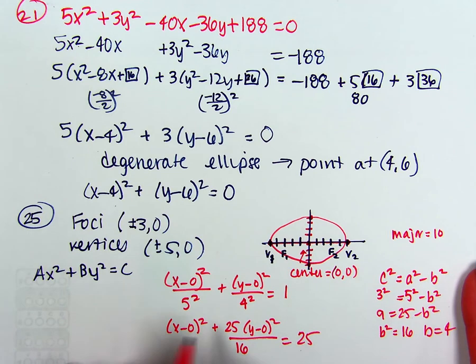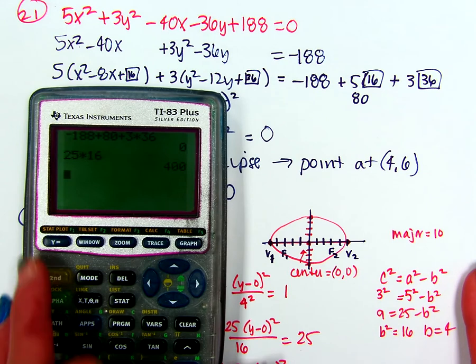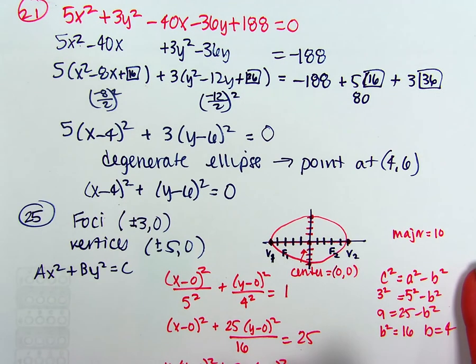And if I multiply everything by 16, I'm going to get 16 times x minus 0 squared plus 25 times y minus 0 squared equals whatever 25 times 16 is, and that's 400. Now, I don't need the x minus 0 squared, so 16x squared plus 25y squared equals 400. And there you go.